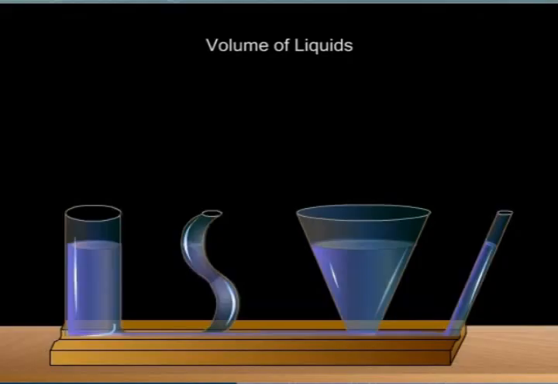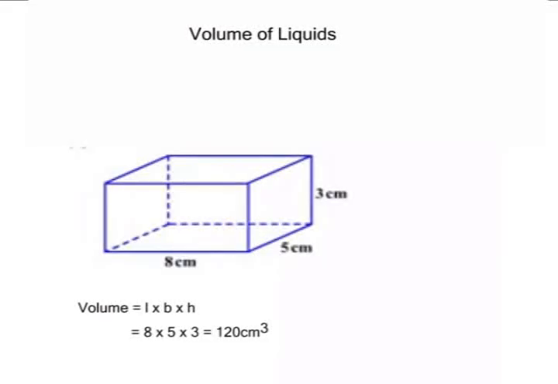If you take, for example, this cuboid whose volume we've just calculated, suppose we fill a liquid in this container. The volume of that liquid will be equal to the volume of this container, that is 120 cubic centimeters. Now, in terms of capacity, if you want to convert this volume, centimeter cubed, into milliliters or liters, we use this conversion. 1000 centimeter cubed is equivalent to 1 liter.